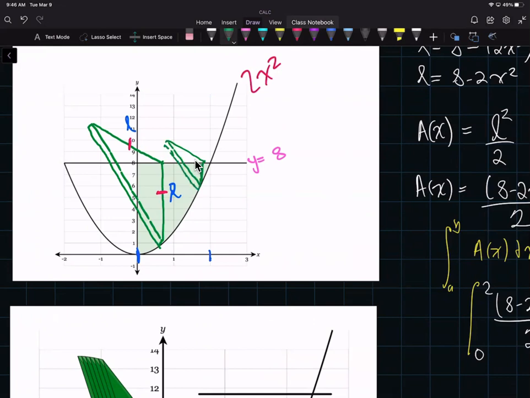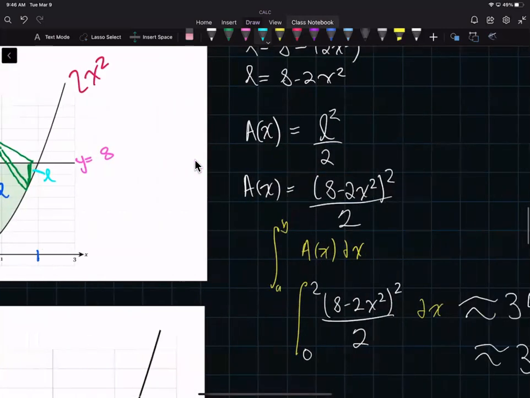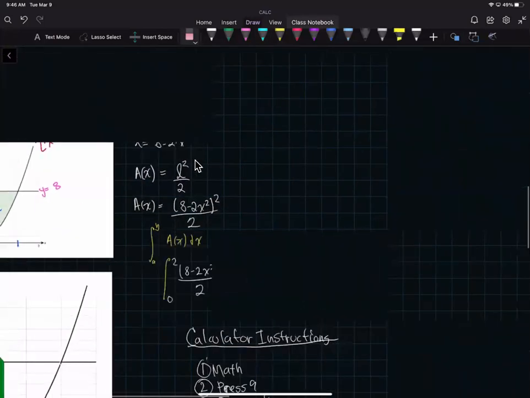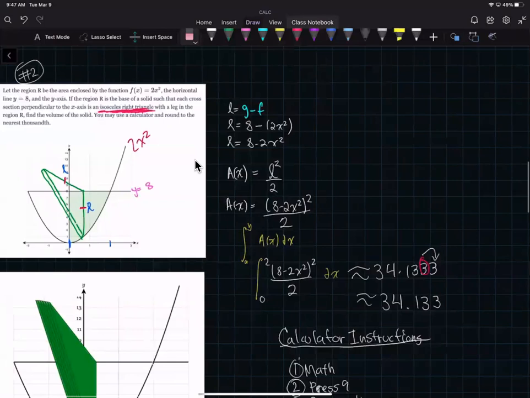So I could have picked that one. And the length, this little L, is still the same thing. It's still the top minus the bottom. So remember, you can draw it anywhere. It's still going to be the same answer. So copy down number 3, get started, and I'll walk you through the answer in 2 minutes.